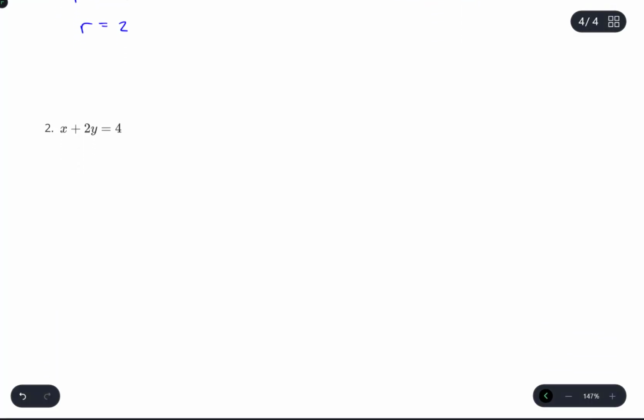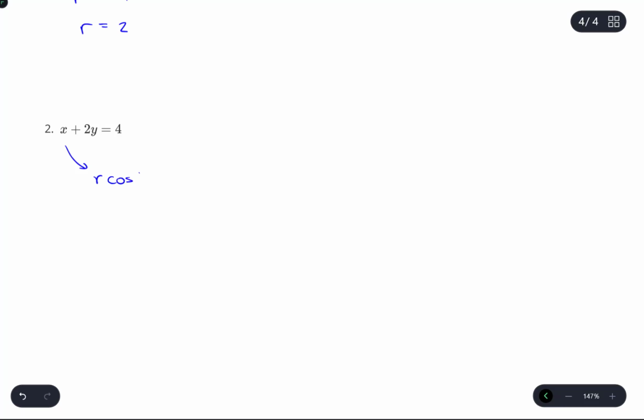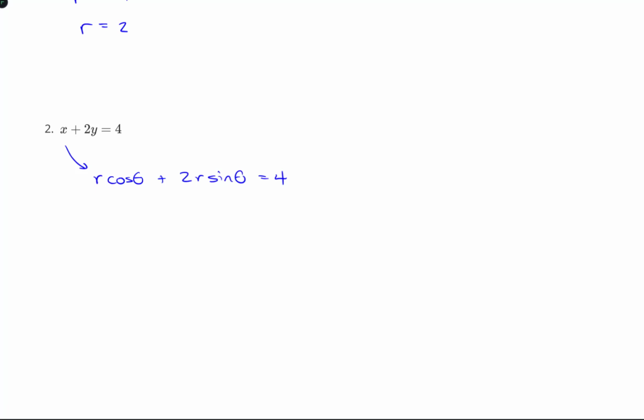Lastly, x plus 2y equals 4. So I know that x can be replaced with r cosine theta. Y can be replaced with r sine theta. And that's a perfectly fine rectangular equation, but it should be a form where r is by itself. So let's work on that.